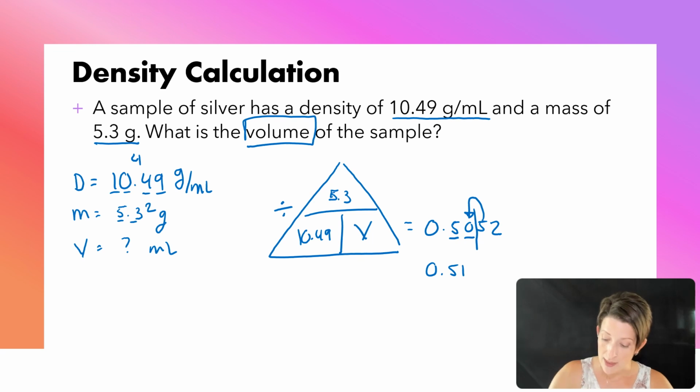Now, these are going to be dropped because they're trailing a decimal. They're not holding a place for the 5 or the 1. So we want to make sure that the only numbers after that decimal are significant, and therefore there should only be 2. And there we have our volume.